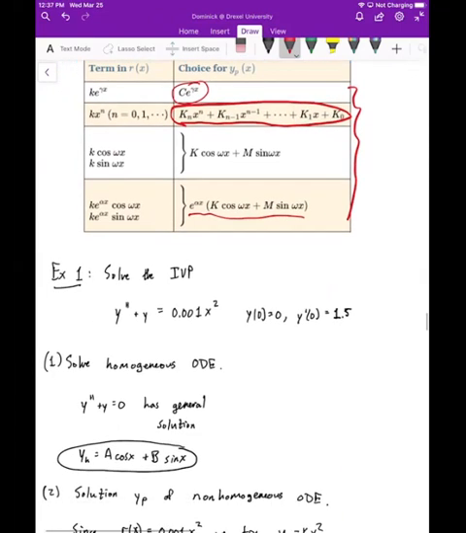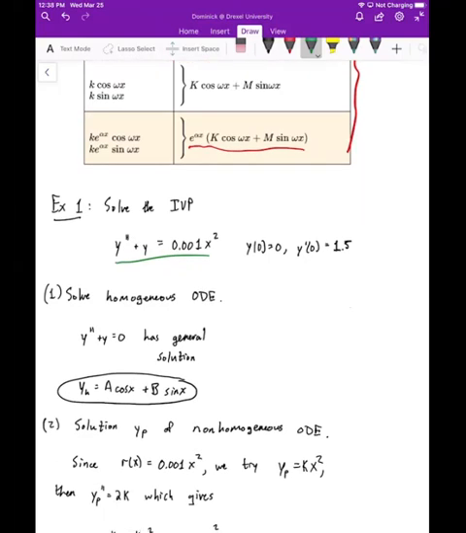Okay, so for the first one that we'll look at, we'll say, what if we want to solve y double prime plus y is equal to 0.001 x squared? And of course, we get some initial conditions. So again, the first thing we do is solve the homogeneous version of the ODE, right? So of course, what's the homogeneous version? It's replace your right-hand side with 0.